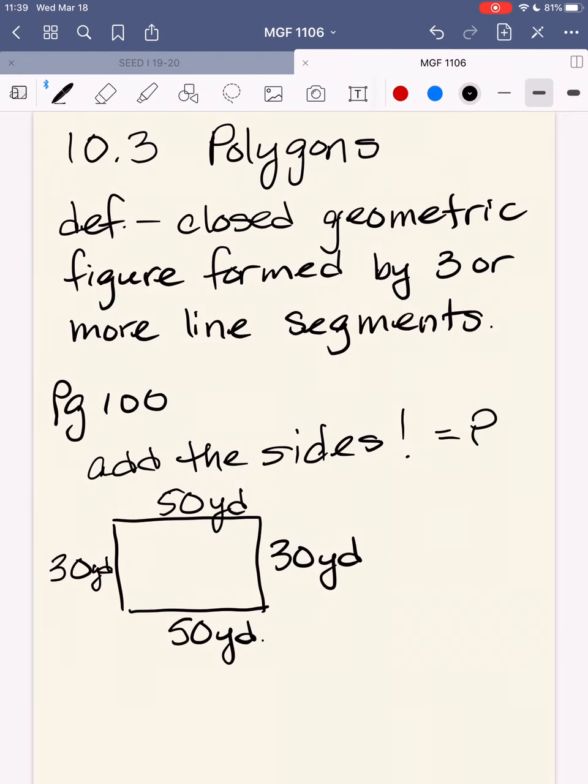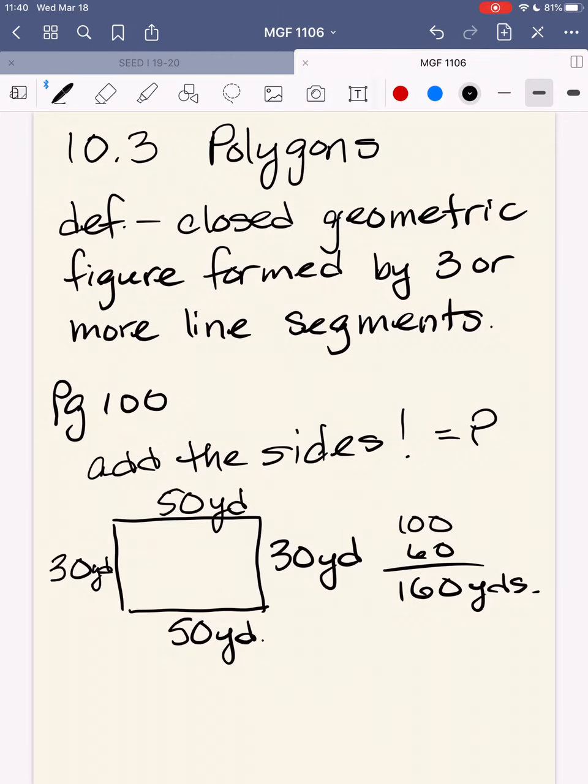So I have 50 plus 50, that equals 100. Then I have 30 plus 30, which is 60. So I have a total of 160 yards. But now it tells me that my fencing cost is $6.50 per foot. So I have to do a little converting here. I have to use my converting skills.